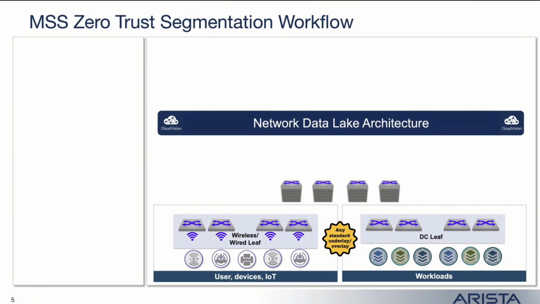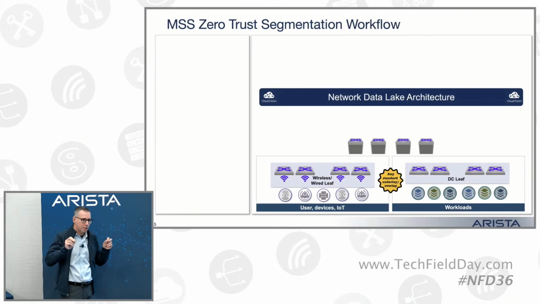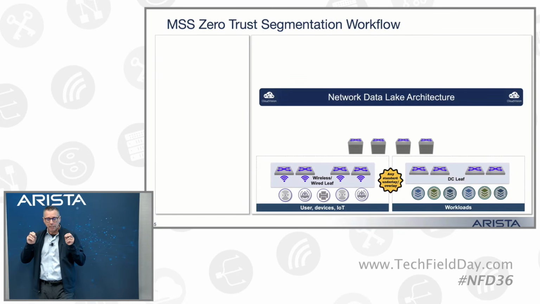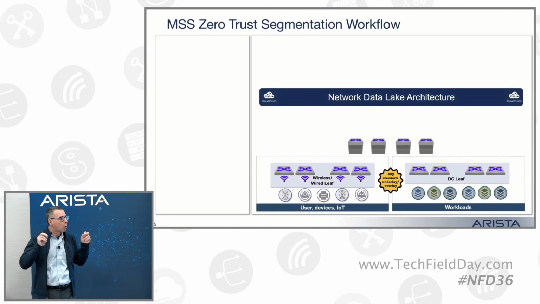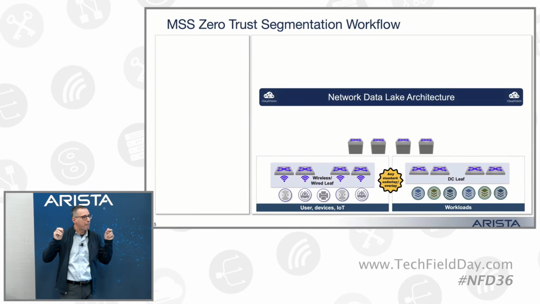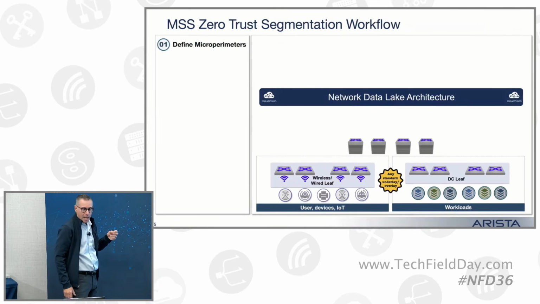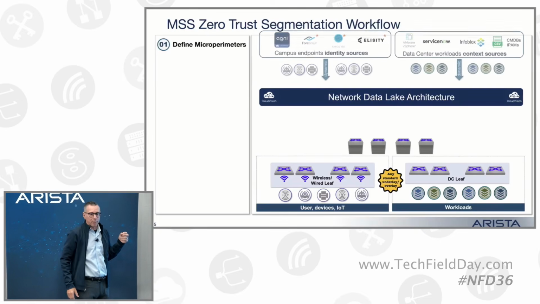There are two main challenges when a customer comes to us and says, I want to actually bring or implement a microsegmentation service. First, customers or organizations need to understand clearly who is who in the infrastructure. They need to have a mechanism to connect CloudVision to their single source of truth for their identity databases, meaning they need to define the microperimeters.